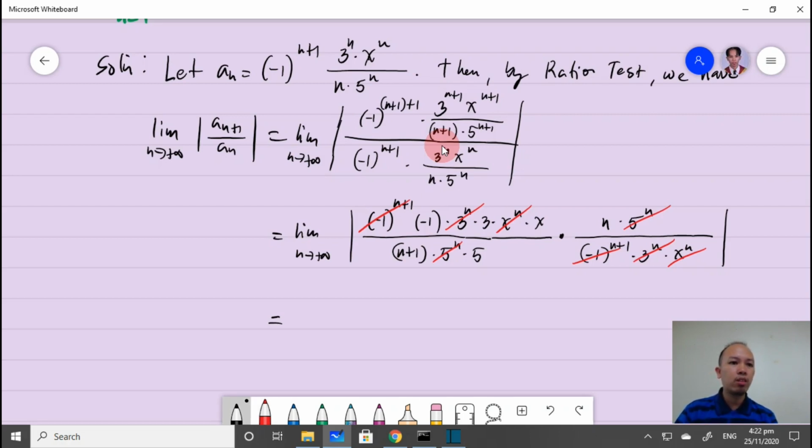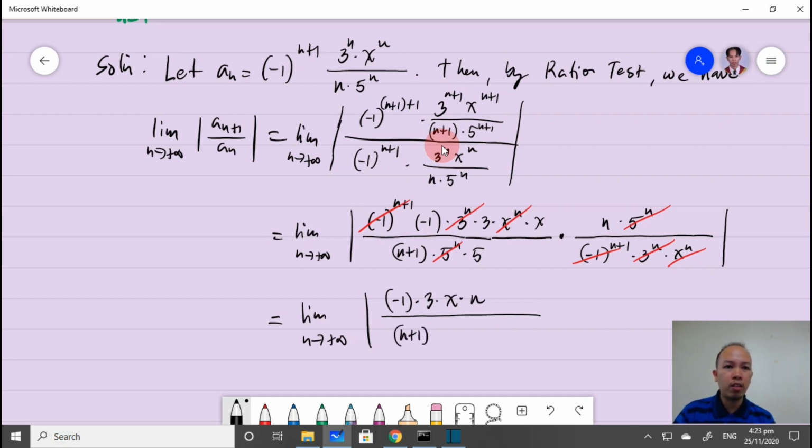So what remains here is negative 1. In the numerator we have negative 1, and also we have 3, and x, and also n. In the denominator we have n plus 1 times 5.